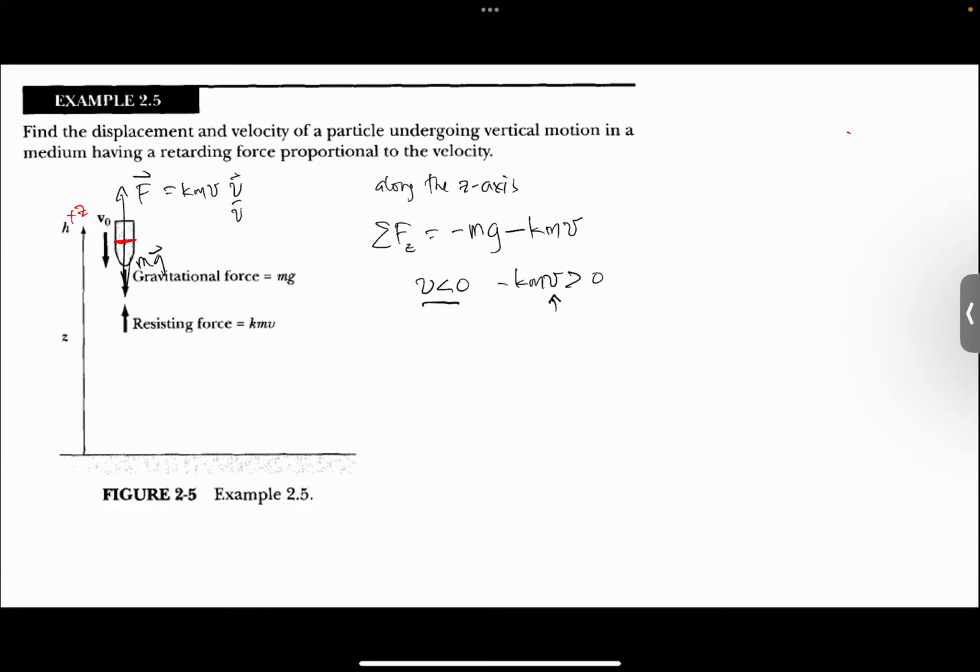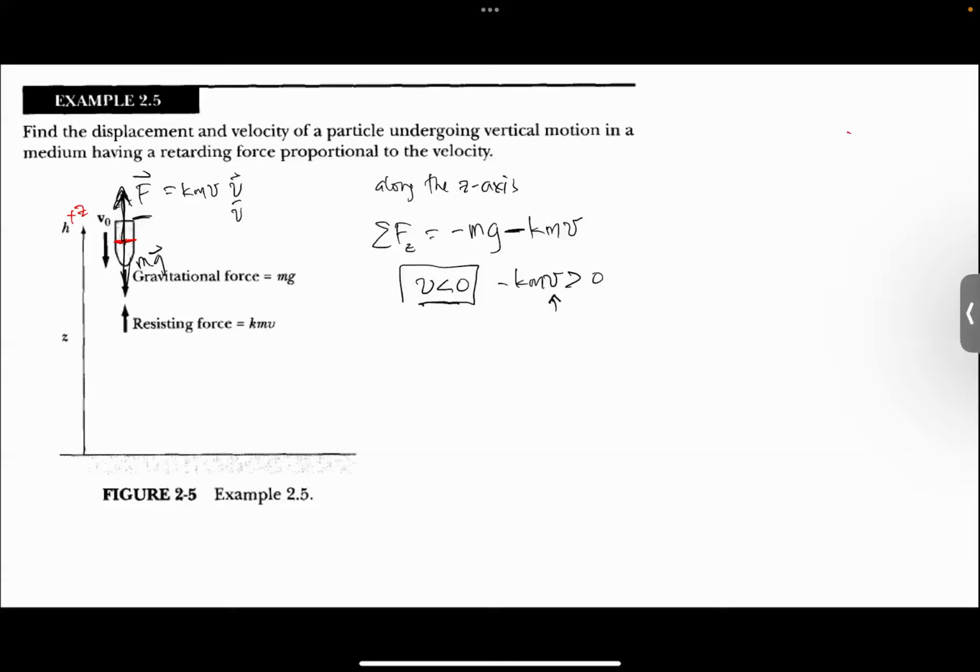Okay, kaya naka-point pa rin siya upward. Okay, so kaya negative sign yan, para naka-point upward yung resistive force. Okay, so ito lang yung tatandaan nyo, pag nag-i-interpret na kayo, na sinet natin na yung velocity ay negative.